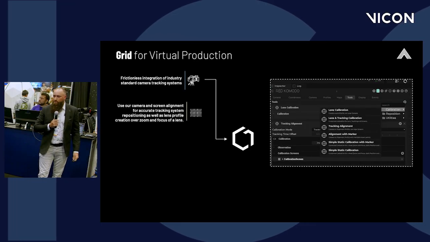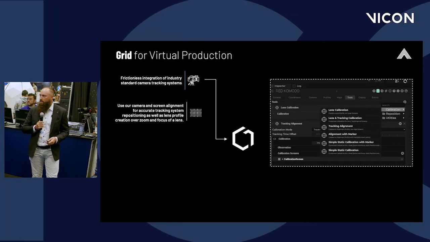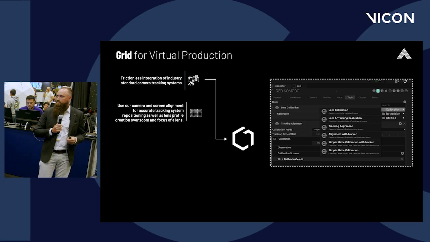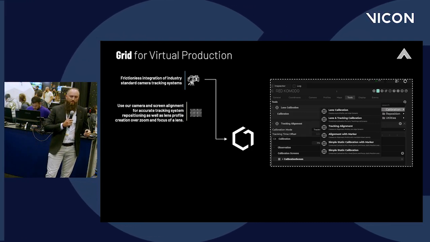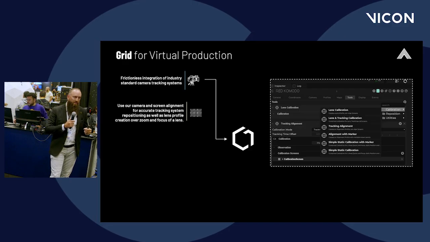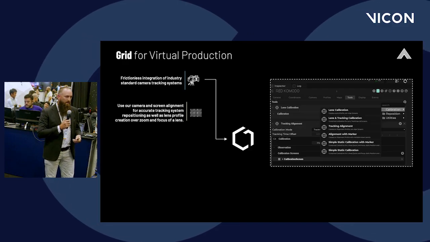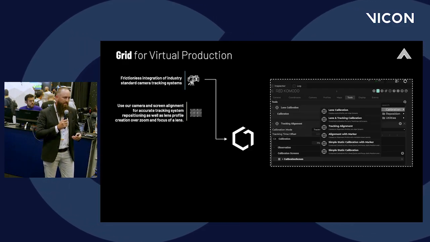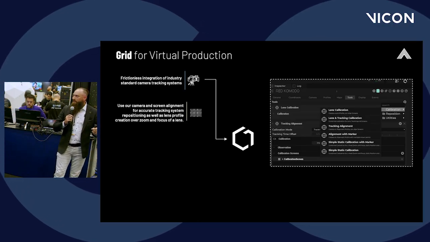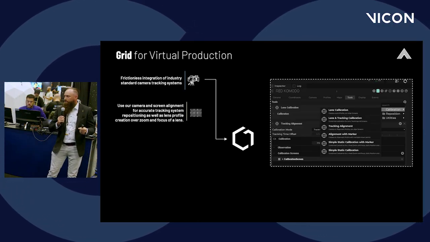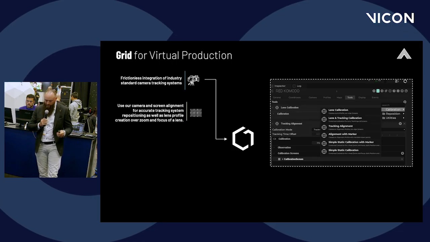Another thing is that we have tools for calibrating camera lenses and aligning the tracking systems, but also, very vital to virtual production workflows, building the 3D meshes that are necessary for 3D workflows. In these tracking and camera calibration workflows, we can solve for a lot of things.